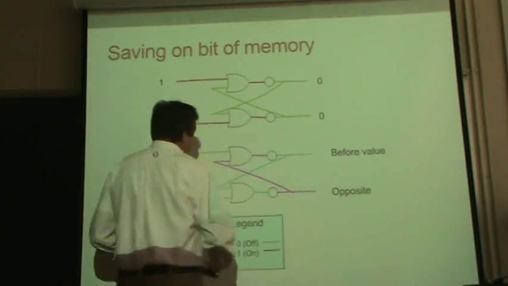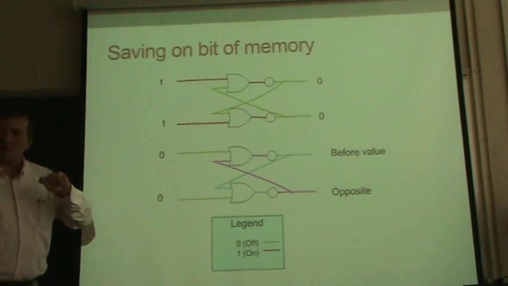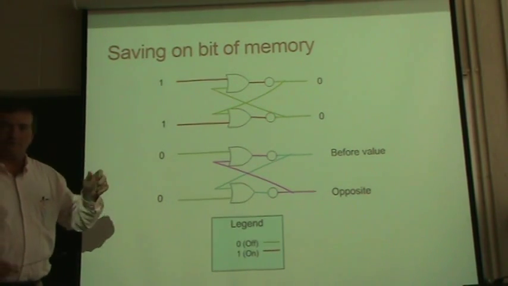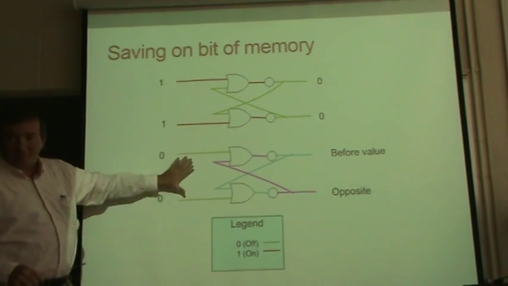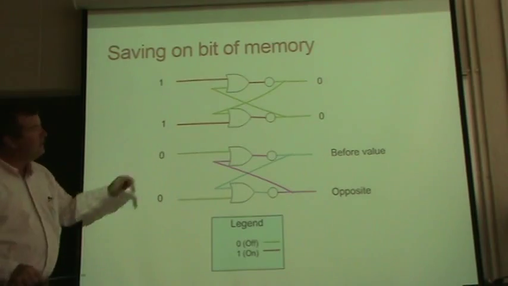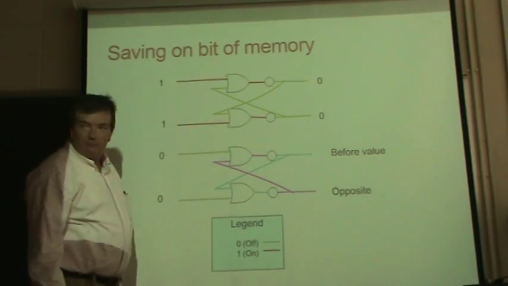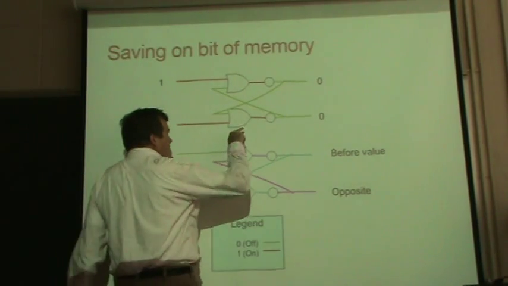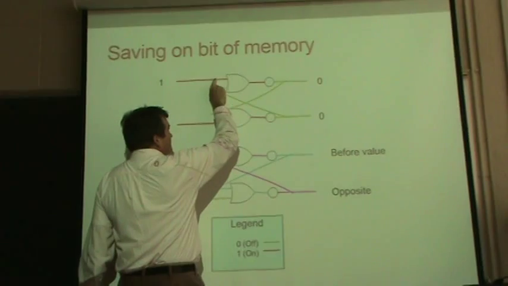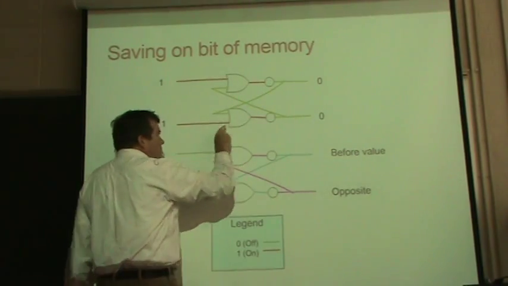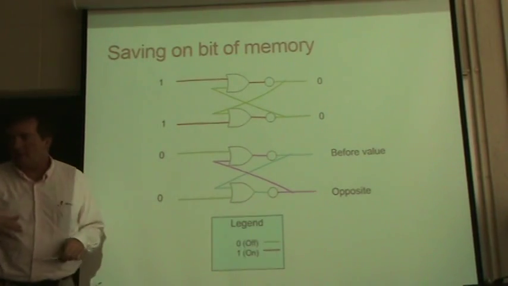Now, there's 4 cases because we have 2 inputs, right? So we tried the 0, 1 and the 1, 0. Now we have a very boring case and a very exciting case. The boring case is if we put 2 1s in here, what will be the result? 1s will come out of both of these, because a 1 going into an OR gate doesn't care what the other input is.